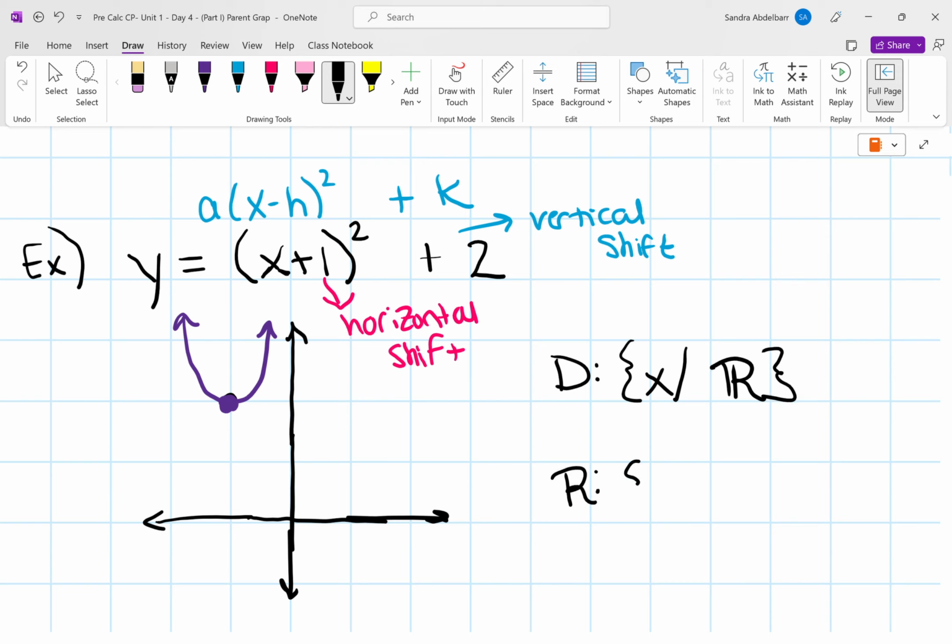You got it. x such that we have all real numbers. What about our range? What is our range here? Tice, what do you think the range is?